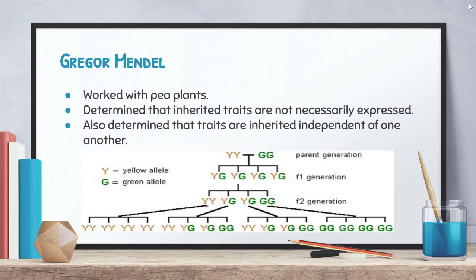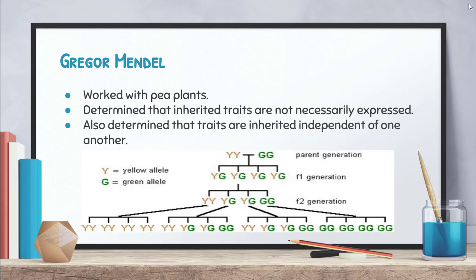But what he got was a ratio of 3-to-1 of yellow to green. Now, this fascinated him as well, so he did more trials with it and took each of the 4 different types in the F2 generation and bred them together. What this showed him is that inherited traits are not necessarily expressed, and that traits inherited are independent of one another.